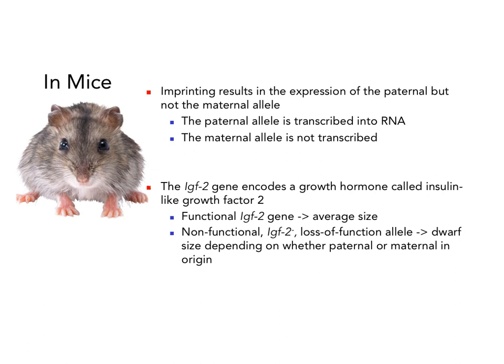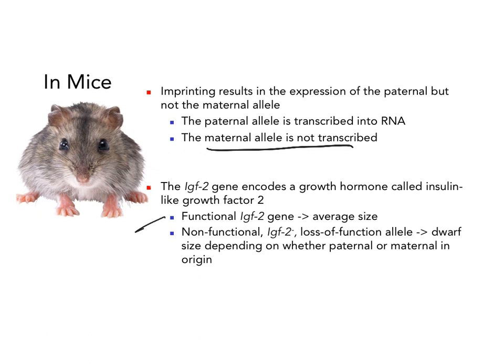Now, in mice, imprinting results in an expression pattern of the paternal allele being transcribed, whereas the maternal allele is typically not transcribed, and no protein is being made from that maternal allele. A good example of this is seen with the IGF-2 gene, which encodes a growth hormone, an insulin-like growth factor.